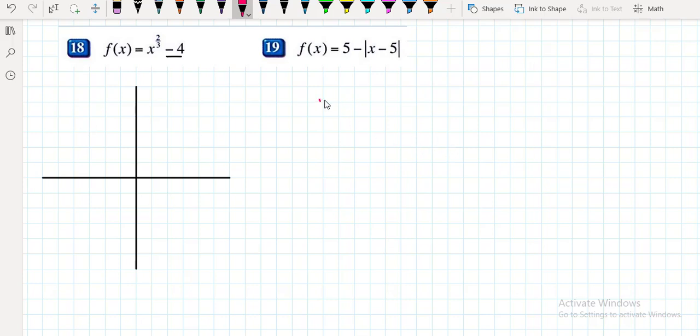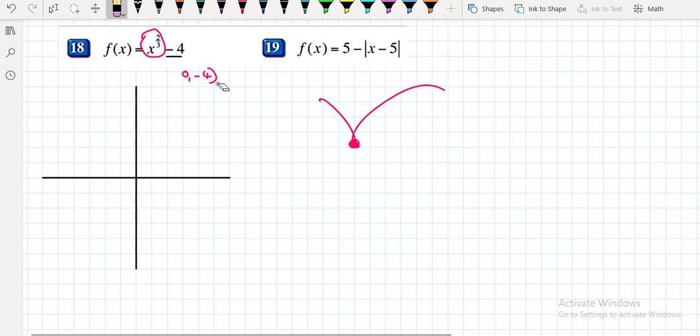The graph is like this, and this sharp corner is at 0, -4, because when I put 0 in place of x, this part that has the power will be 0, and if I find f of 0, result is -4. So point 0, -4 is this point, it is called turning point sometimes, or it's the critical value, critical point, whatever.